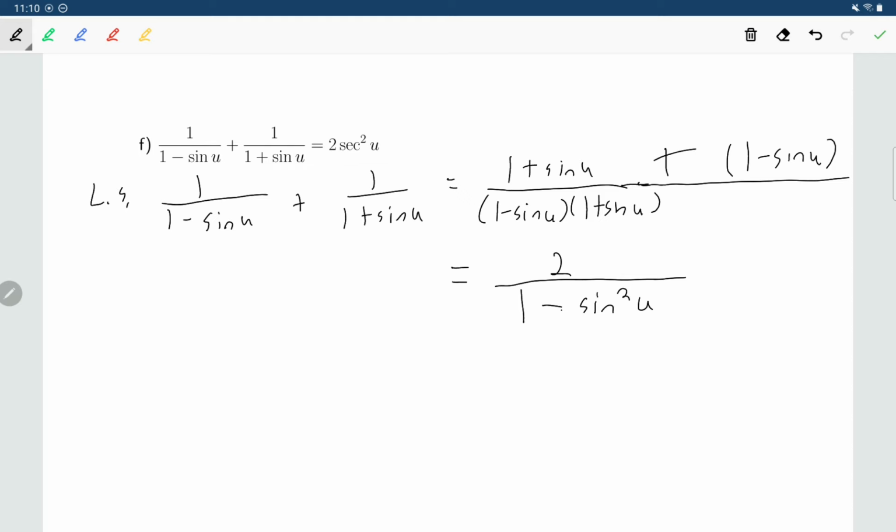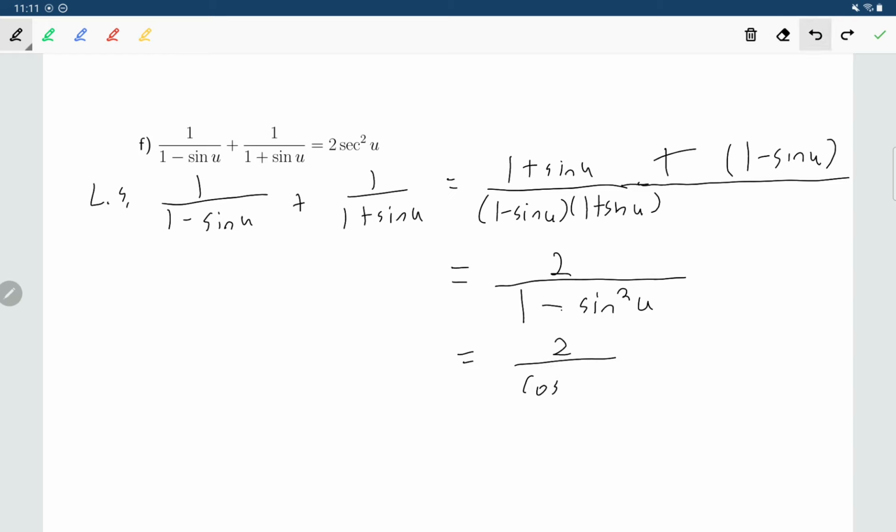So we're actually almost there, because if you're looking at this, 1 minus sine squared, hopefully you're thinking about your Pythagorean identity. If you had cosine squared plus sine squared equal to 1, then 1 minus sine squared could be rewritten as cosine squared. So what we have here is 2 over cosine squared u.